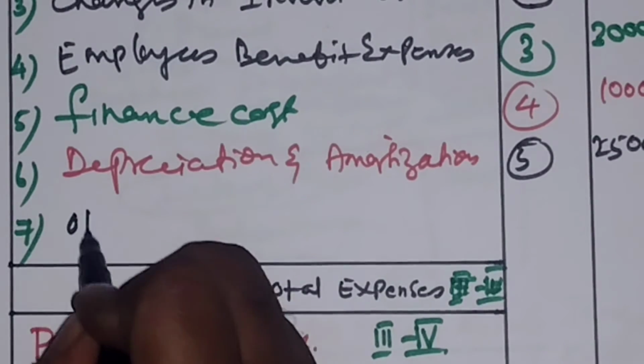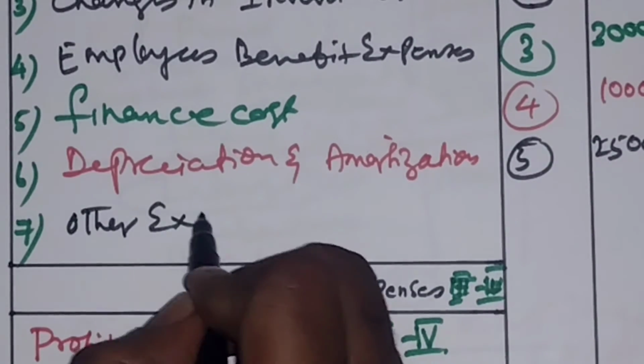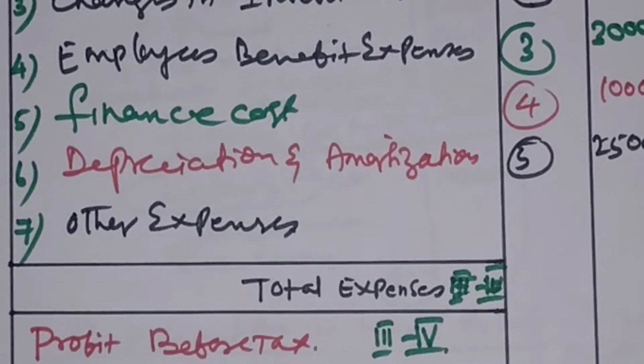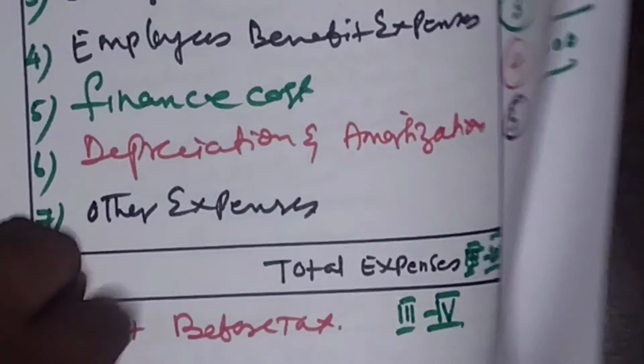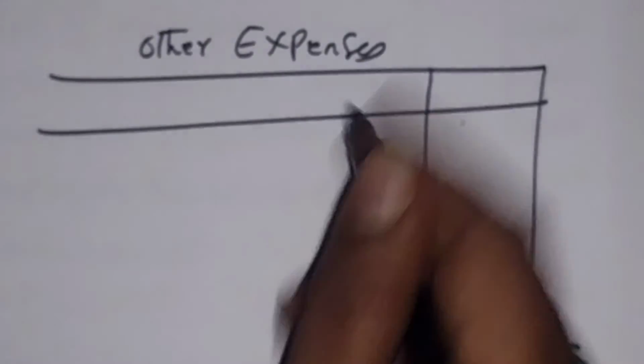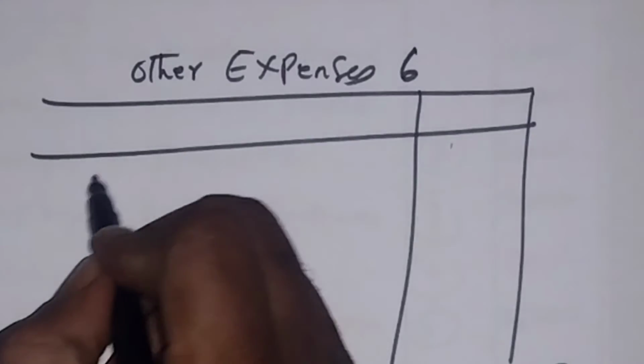And the seventh one we have is other expenses. What are the other expenses that will appear? N number of expenses will appear. For example, the note at present is 5, so I'll give note number 6 for this.